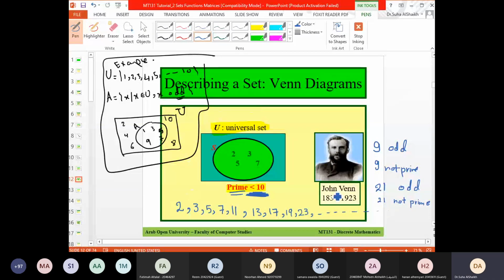This example, the one that they give to you, talks about the primes in the center. The 9 is not a prime because 3 divides the 9.